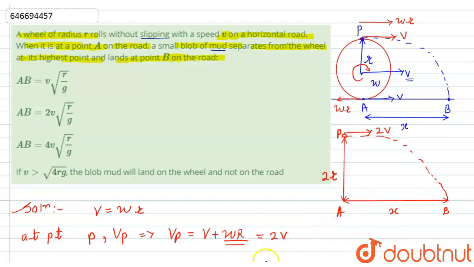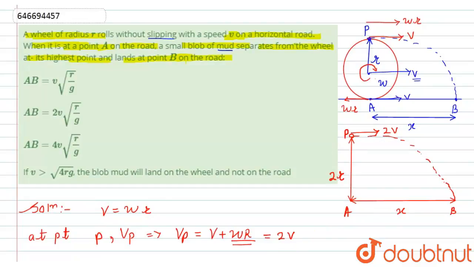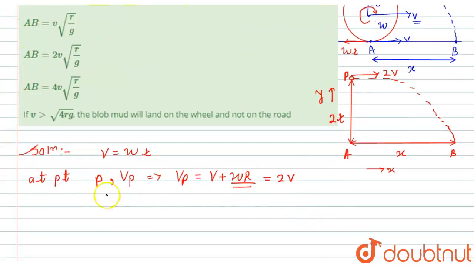So what we will do is use the equations of motion in both directions, that is in the y direction and in the x direction. First, for the upward direction, the velocity component vy equals 0, the acceleration component ay equals minus g, while the value of s equals minus twice of r.